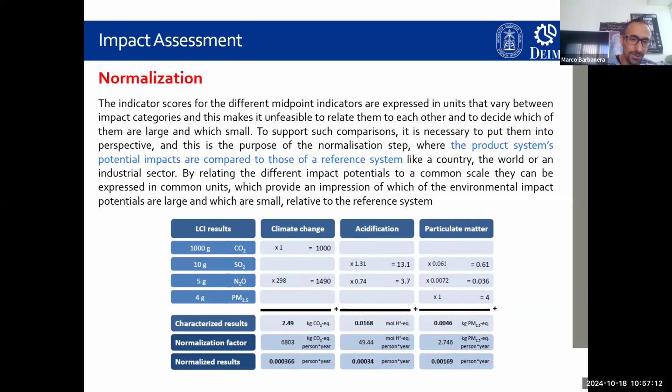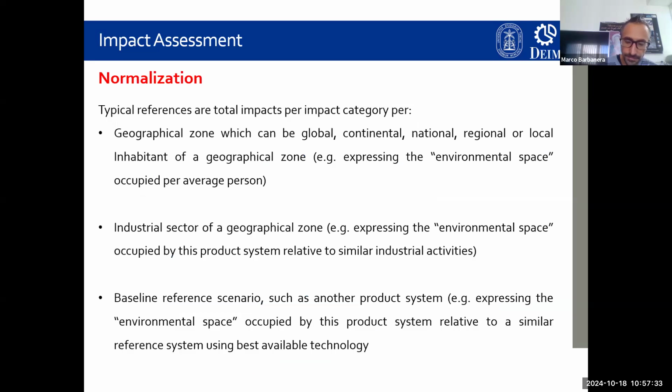But if we want to obtain a single environmental score for our study, for our product, it's necessary to apply also the final step, the weighting of the results.